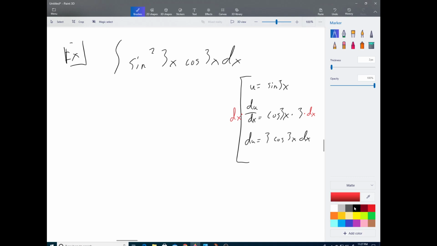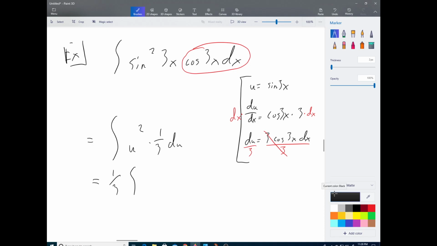I can see part of that, but I don't have that coefficient of 3 anywhere. So I will need to move that piece to the other side. And my integral now will look like u squared times 1/3 du, which will need a little bit of rearranging.